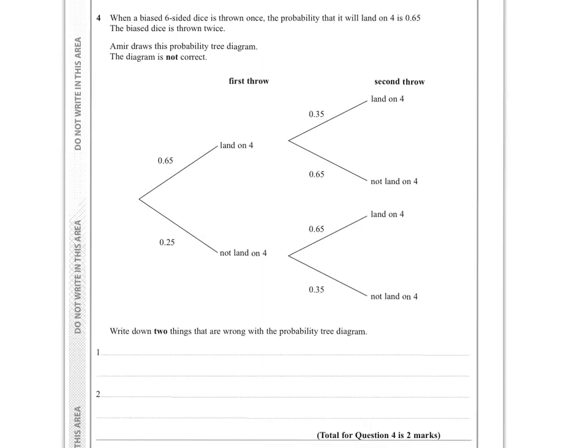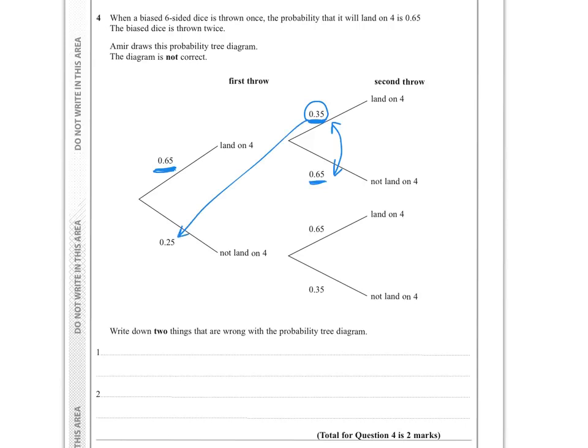Question 4. When a biased 6-sided dice is thrown once, the probability that it will land on 4 is 0.65. So that's given. So we can check here. I can already see an error here because that really should be 0.65. So one mistake is these are the wrong way round. And because this one is true but the wrong way round, then 0.35 is what this one should have been.